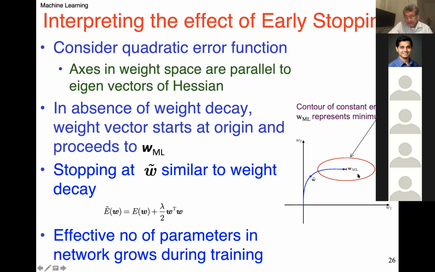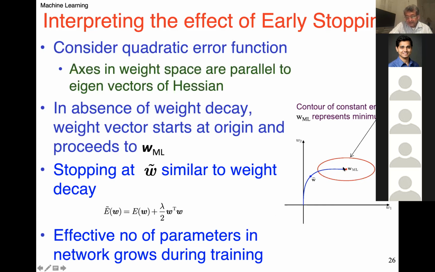We are assuming this is a convex optimization, that there's only one minimum. We are heading towards this W_ML. This is the value of the setting for W1 and W2 where this loss function is minimum. That's where we want to go. And let's say we started from 0, and then we are approaching like that.